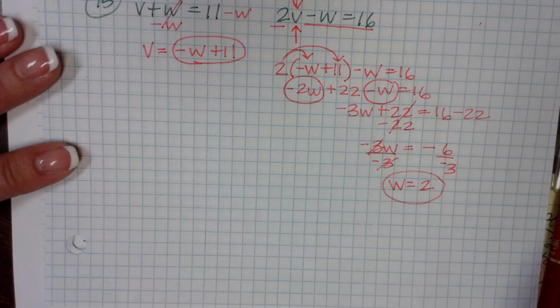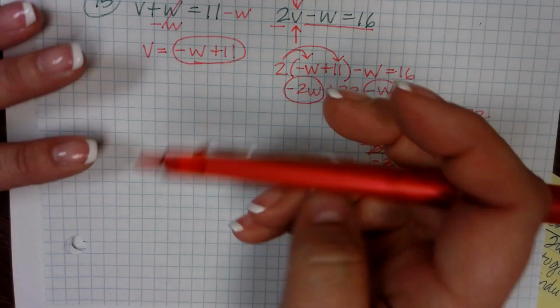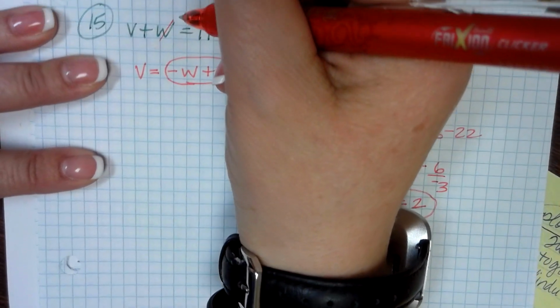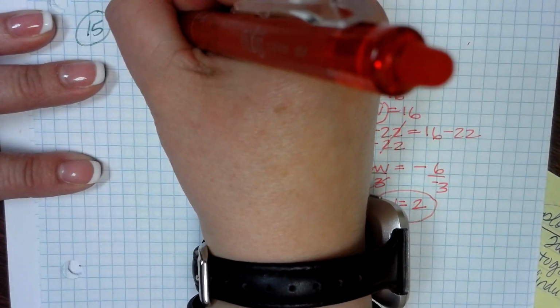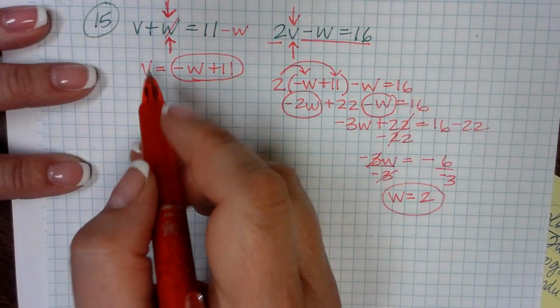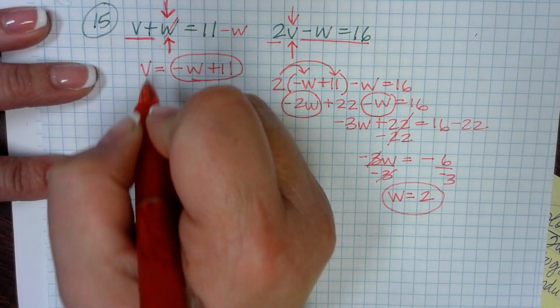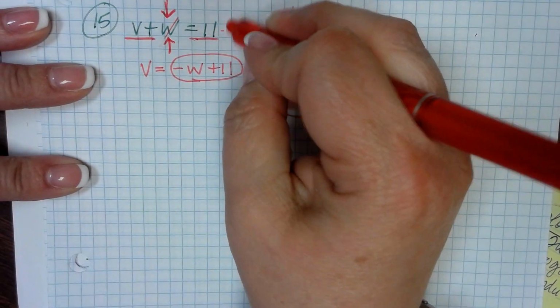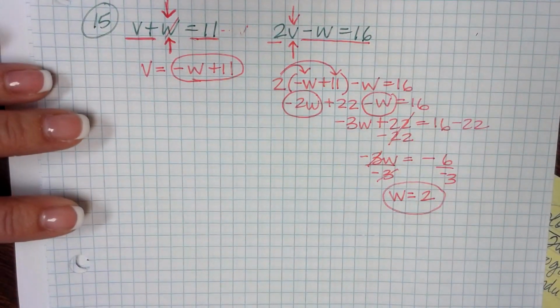And I'm going to take that, and if you look back here, I'm going to substitute it into the other problem right here at W. So that means everything in front of the W and everything after the W, I'll just erase that, will be kept.